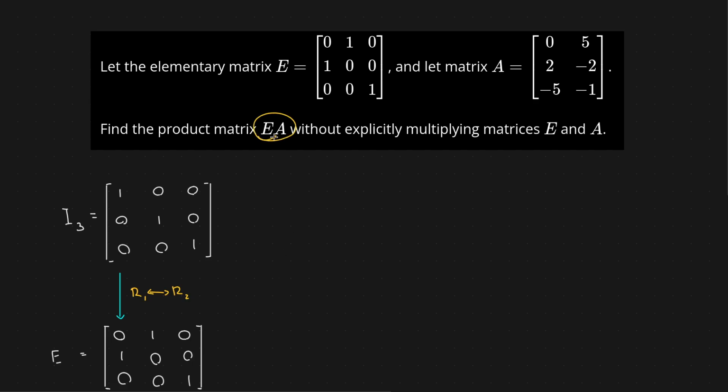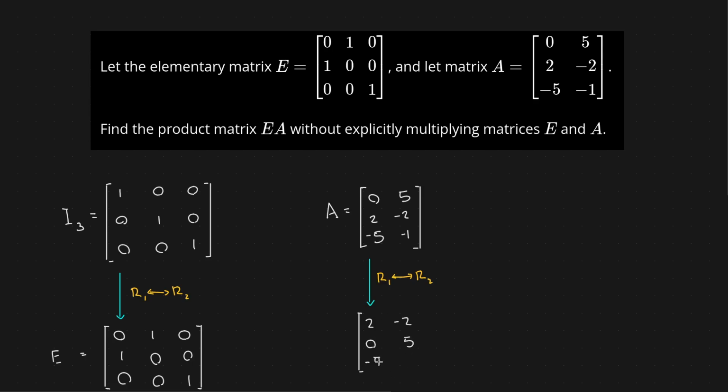So if I want to find E times A, what I could do is I could take matrix A, 0, 5, 2, negative 2, negative 5, negative 1, and I could apply the same elementary row operation. So if I swap rows 1 and 2, row 1 is now 2, negative 2, row 2 is now 0, 5, row 3 stays the same. This is going to be equal to multiplying my elementary matrix by matrix A.